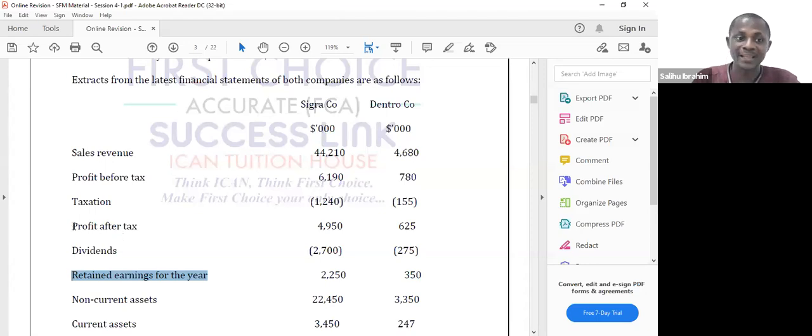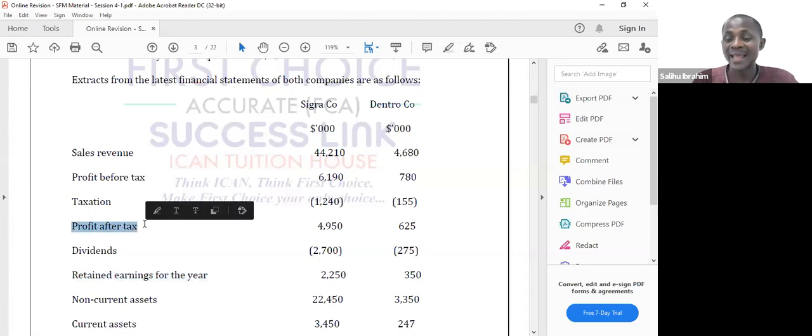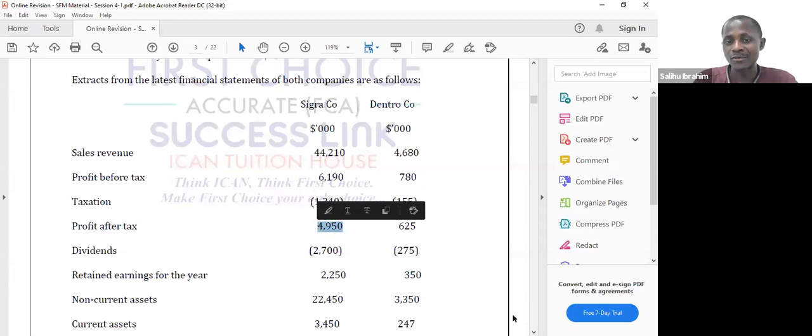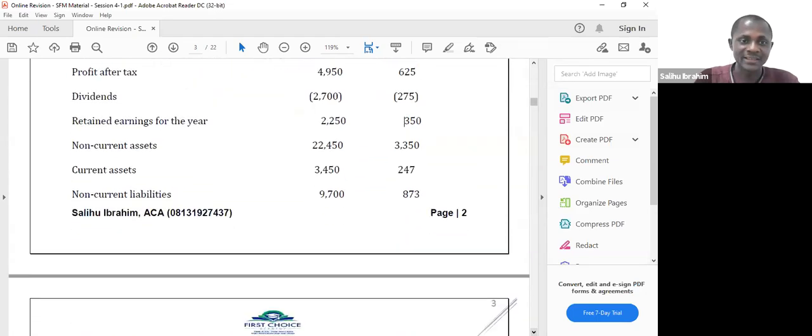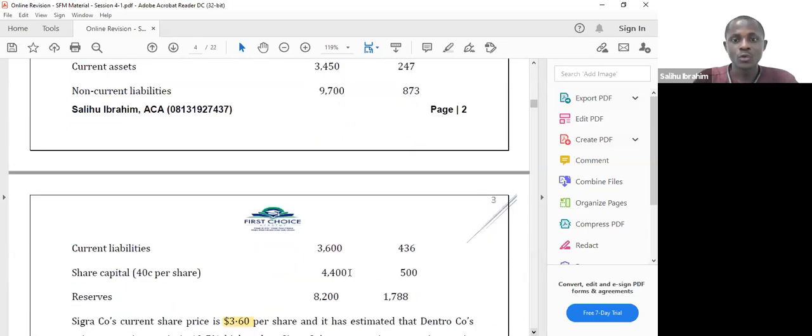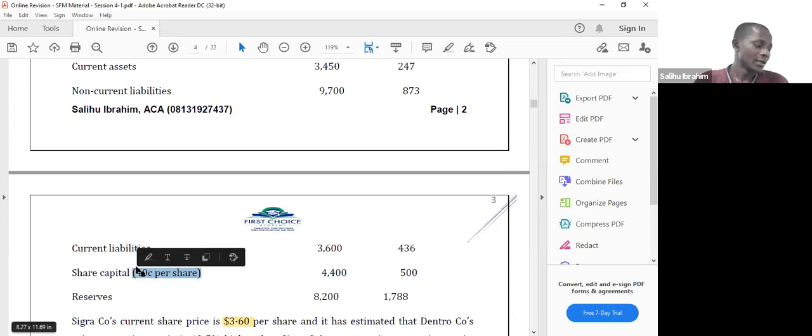You are using profit after tax because you are looking at earnings per share. The profit after tax of Sigraco is 4,950. Now, what is the number of shares? I go down there where I have that information on shares: 4,400 over 0.4.